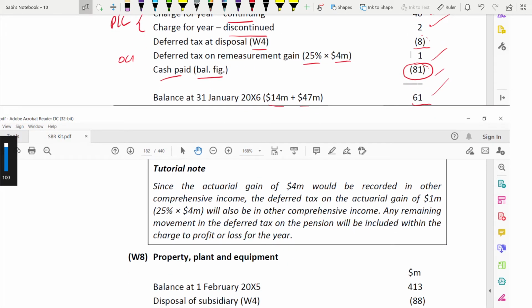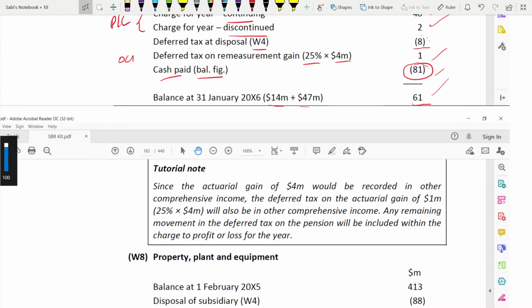Since the actuarial gain of 4 million will be recorded in OCI. Actuarial gains are recorded in OCI, relating to the pension. The deferred tax on the actuarial gain of 1 million will also be in OCI. So wherever an item goes, any tax relating to that item will also go in that place.